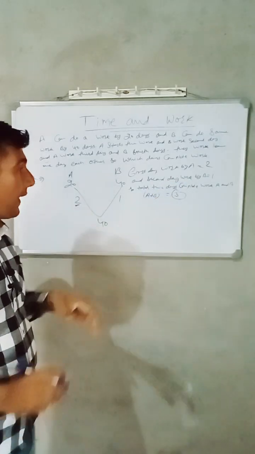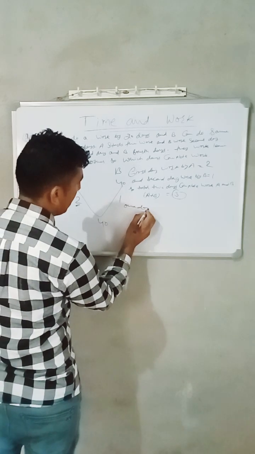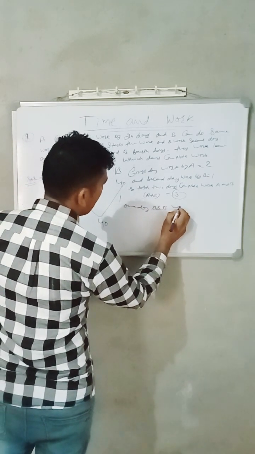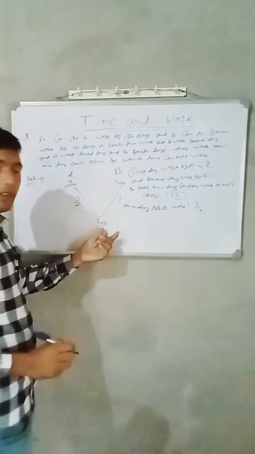Okay. Now in 1 day, A and B work 3 by 2. Total work is 40.